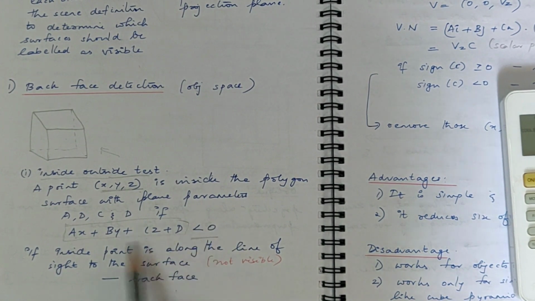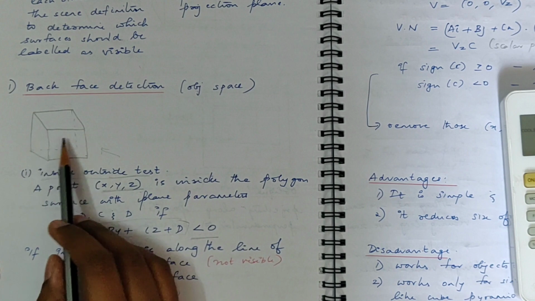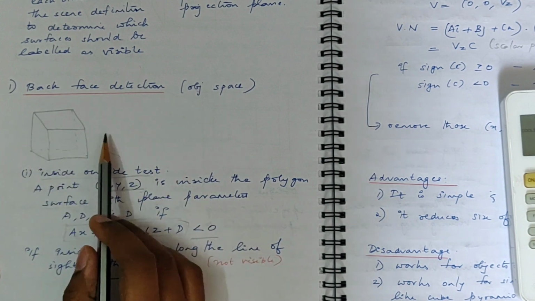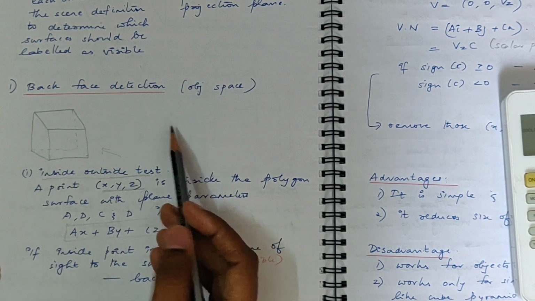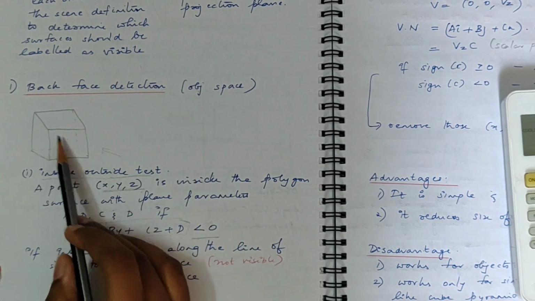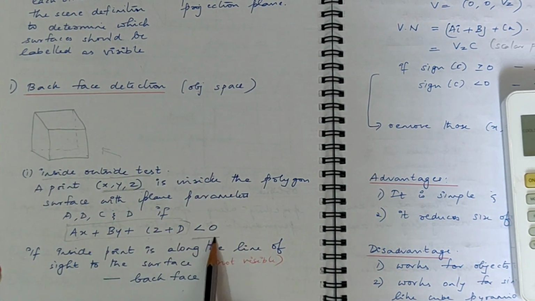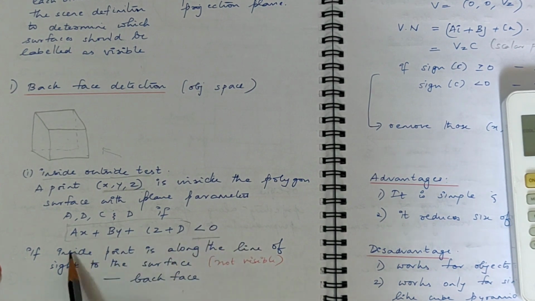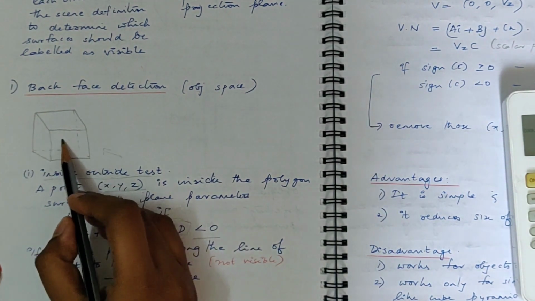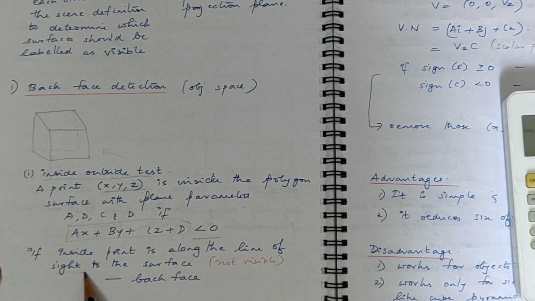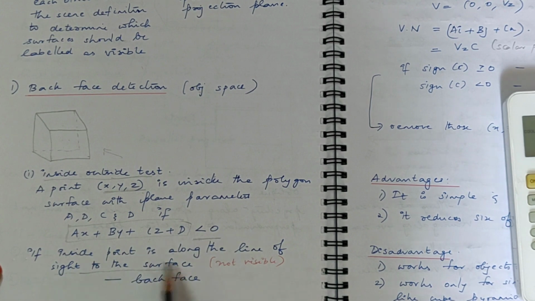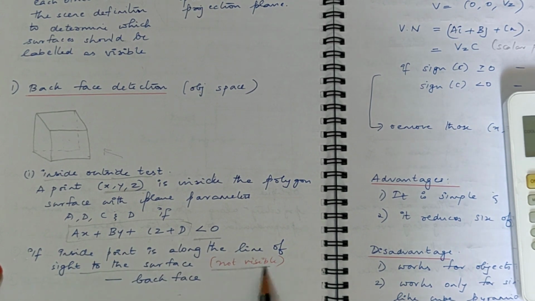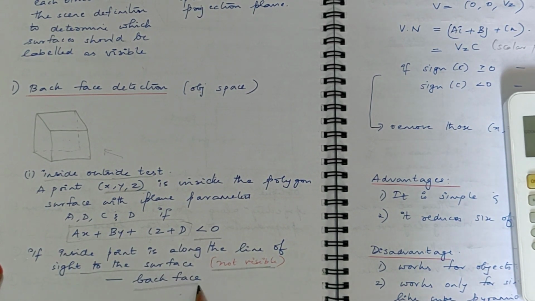This is a basic plane equation. For any point that you take, you first determine whether it is inside or outside the polygon. Then the next step is whether it is a front face or back face. If the point which is inside the polygon is along the line of sight to the surface, then it will not be visible, and you call that a back face.